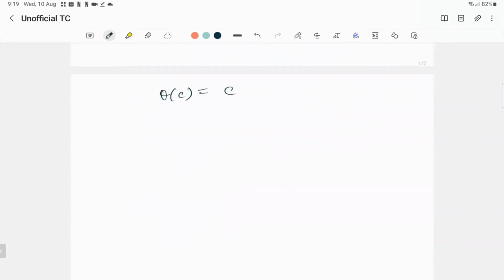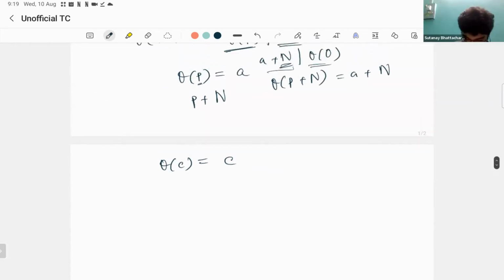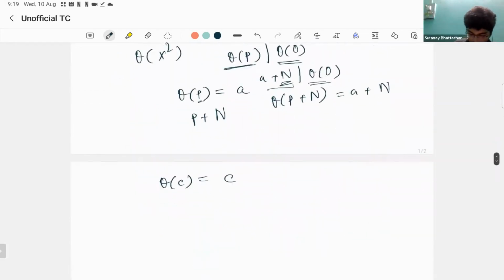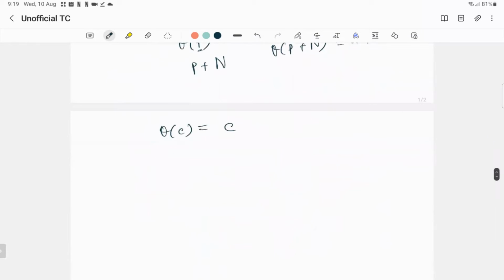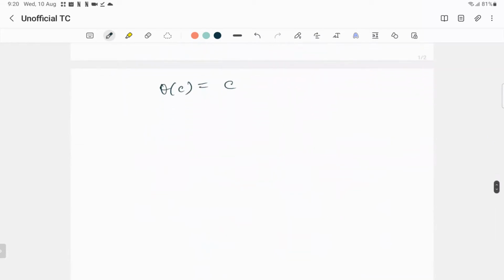In the polynomial case, we need to work with the second condition, theta of P divides theta of P times Q. Since we know that it is a non-constant polynomial, consider some polynomial p such that theta of p is non-zero.